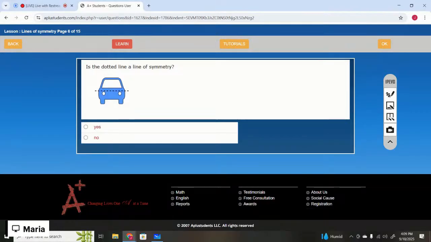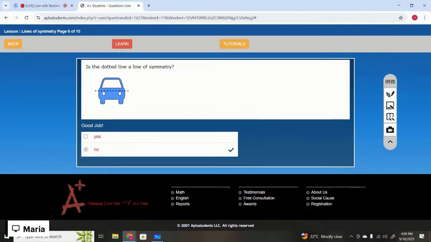Is the dotted line a line of symmetry? The correct option is no, that is not a line of symmetry.